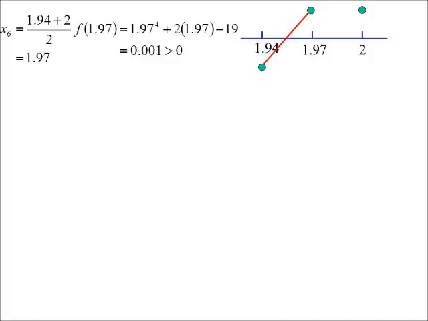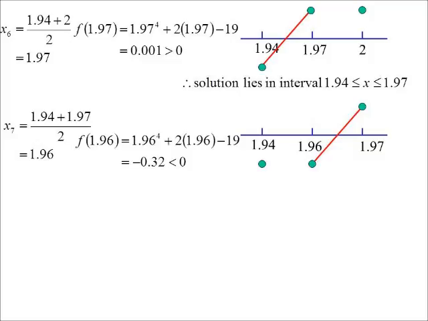Oh, that's class. 0.001. But now we know the solution is somewhere in between 1.94 and 1.97. So the average is 1.96. Minus. Okay. But now I know the solution is in between 1.96 and 1.97.